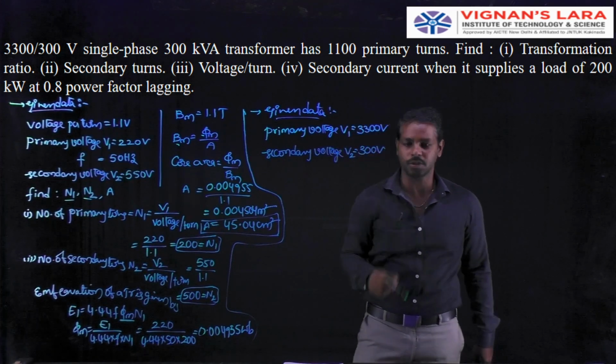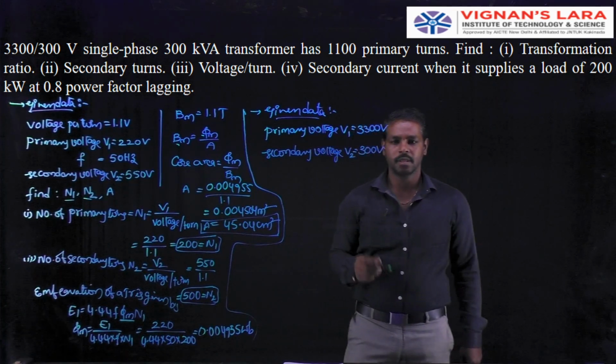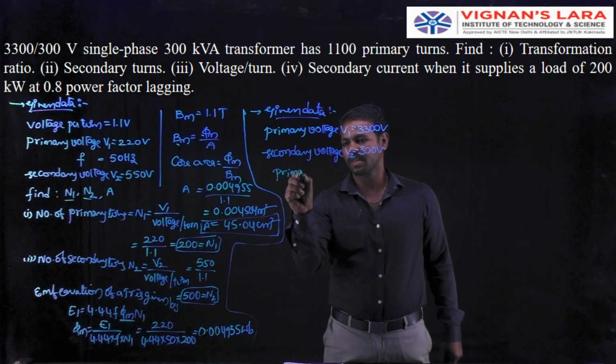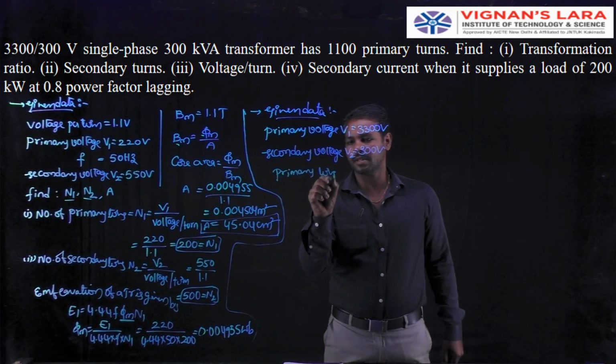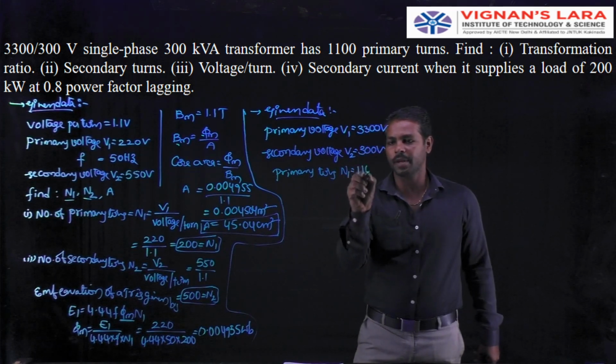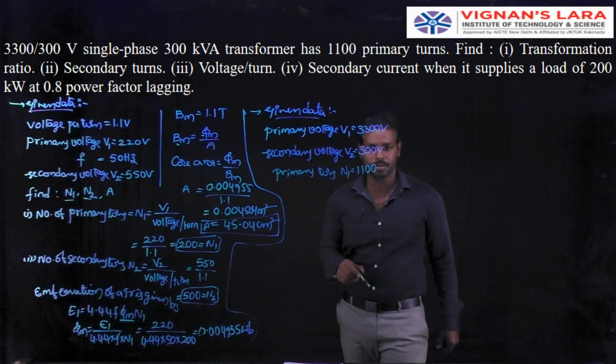So the number of primary turns N1 is equal to 1100.